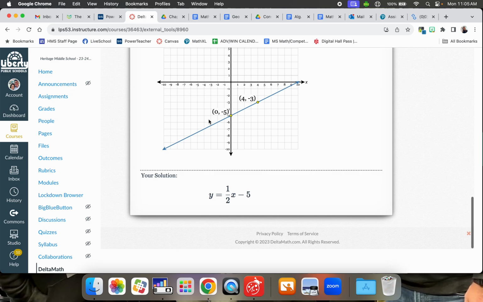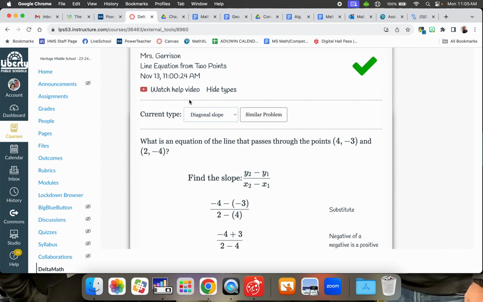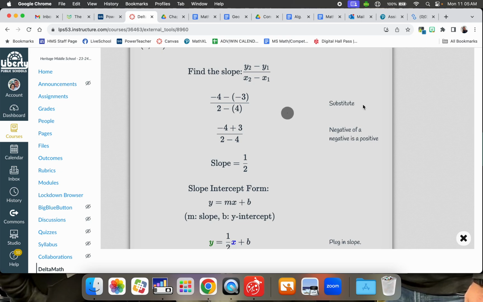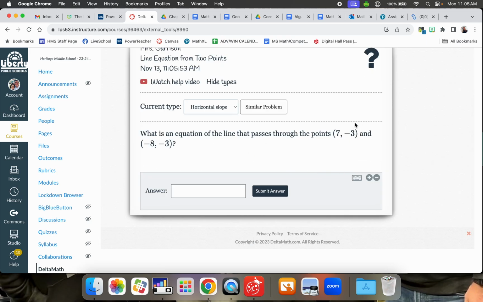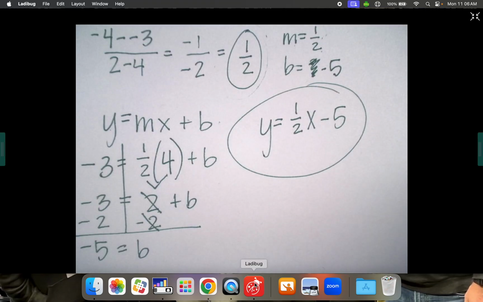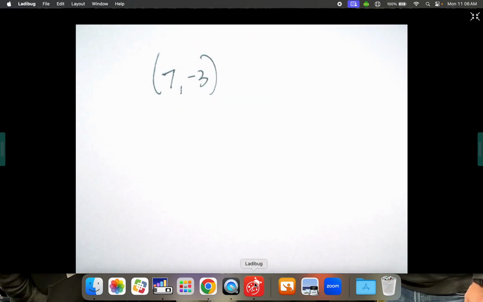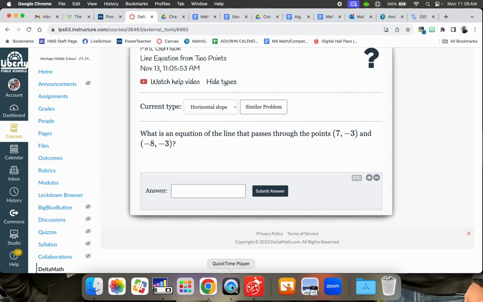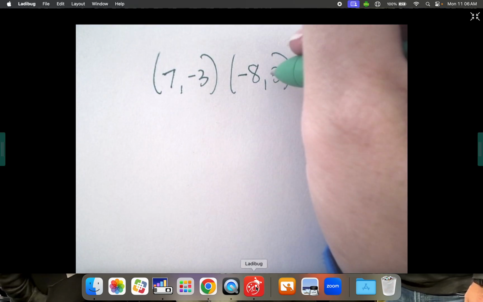Now, really quick reminder, if you don't have a diagonal slope, so like if I go to next problem, you might have one that ends up with a horizontal slope. We looked at this during your notes, but that would be when your y coordinate is the same. So if I have (7, -3) and, I already forgot what the other number was, (-8, -3).